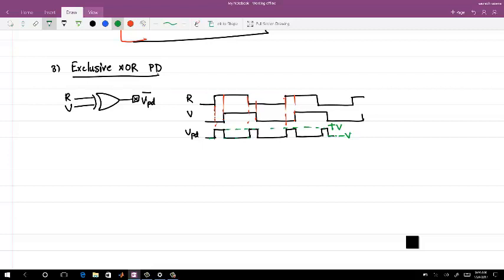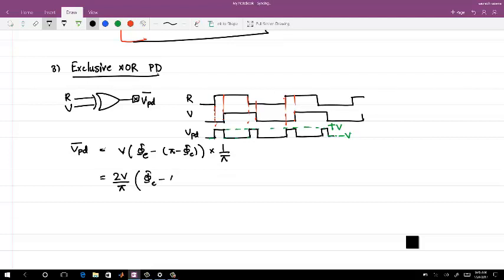Now the average of the phase error detector output for this kind of detector equals V times phase error minus pi by 2, times 1 by pi. So what I have is 2V by pi times (phi_e minus pi by 2).